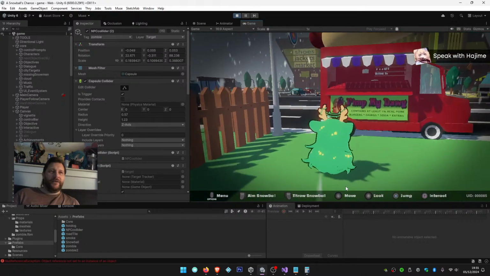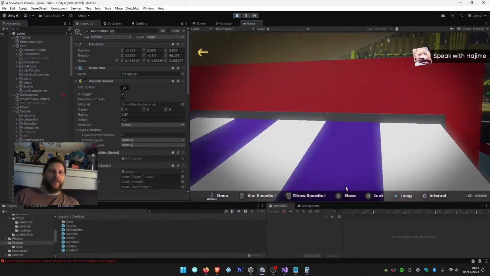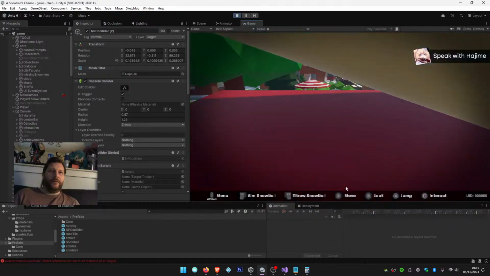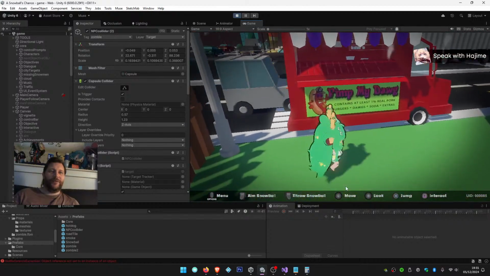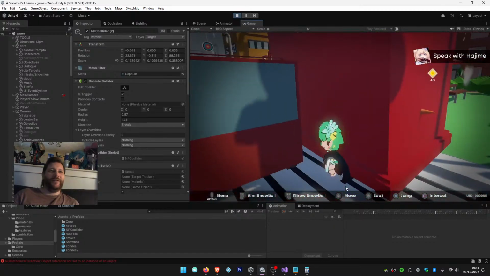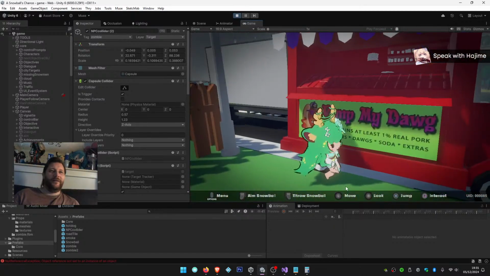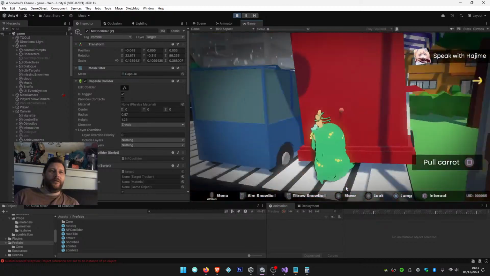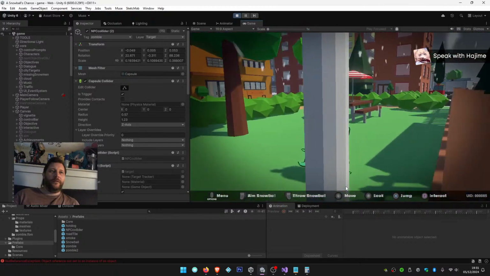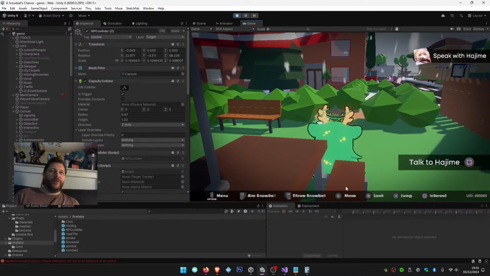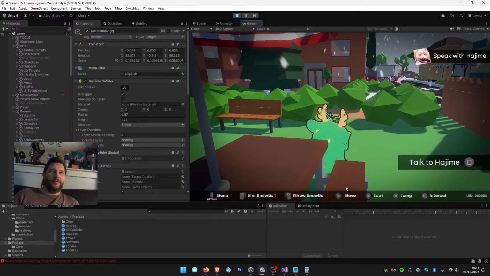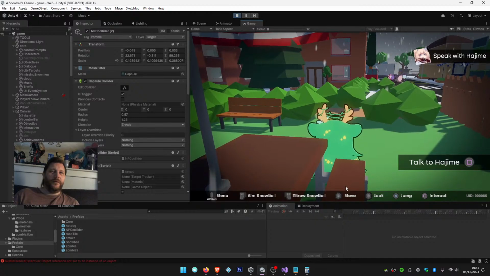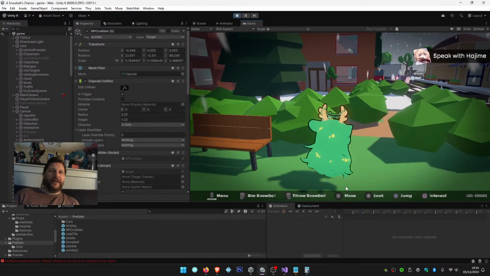So that interactive is not supposed to be there anymore. And just jump through the hot dog van now. That might be a different problem though. Yeah, because I think this is like a new game.